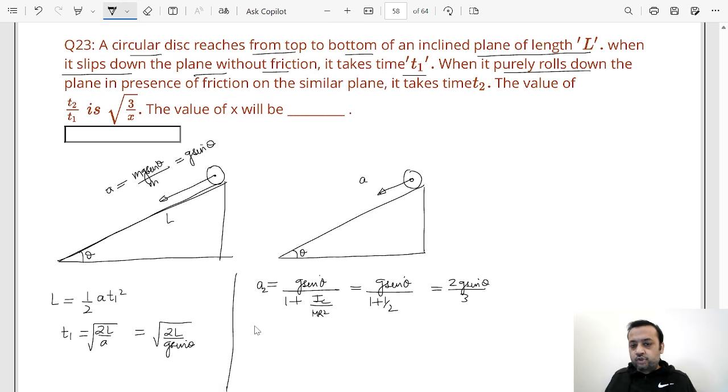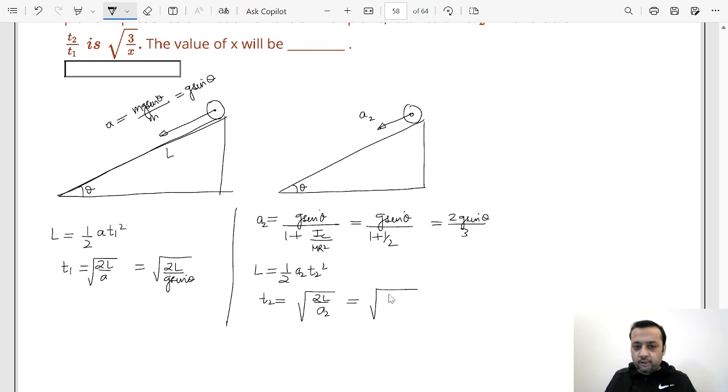Now the center of mass is having this acceleration a2, and the displacement of the center of mass was L. So again L is equal to half into a2 into t2 square. So t2 is equal to under root of 2L by a2, with a2 being 2g sine theta by 3.